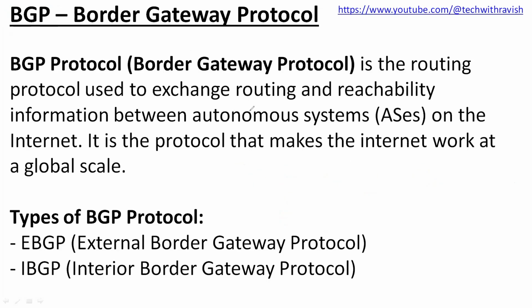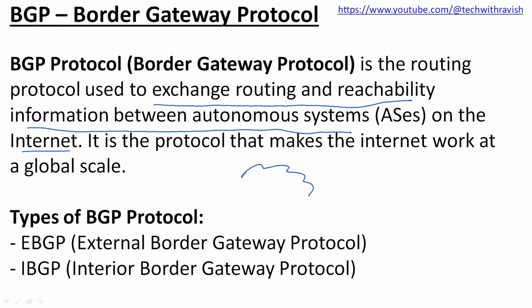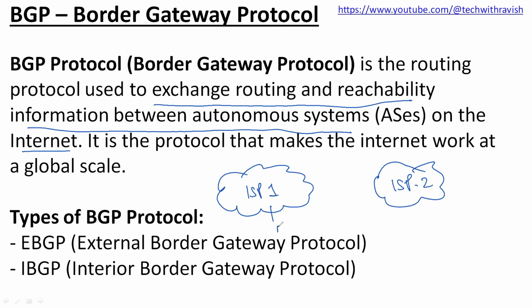Dear, what is the BGP protocol? It is a routing protocol that is used to exchange routing and reachability information between autonomous systems on the internet. Let us assume that this is my ISP1, connected to ISP2, sharing data with ISP2. All the ISPs or organizations have a specific autonomous system number, the AS number.